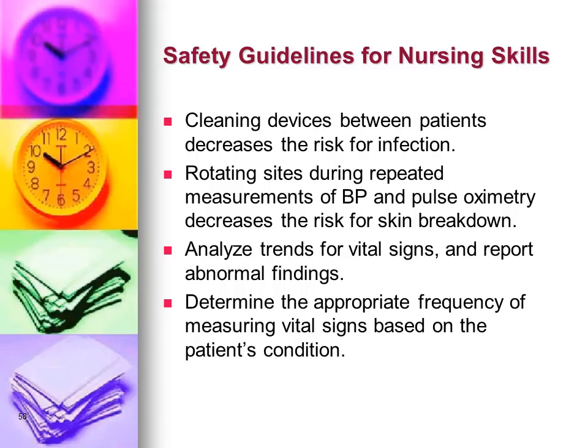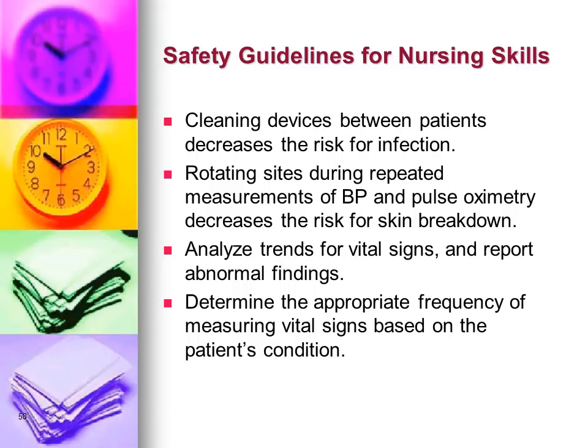Rotate the sites during repeated measurements of blood pressure and pulse oximetry so you can decrease the risk for skin breakdown. You want to analyze the trends for measuring vital signs and report abnormal findings to the healthcare provider. And you want to determine the appropriate frequency of measuring the vital signs based on the patient's condition.